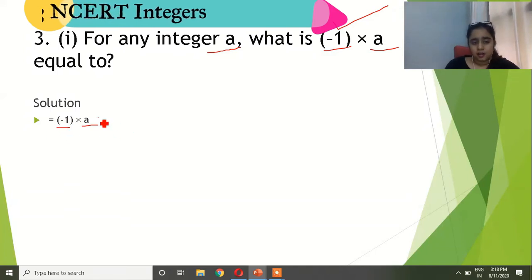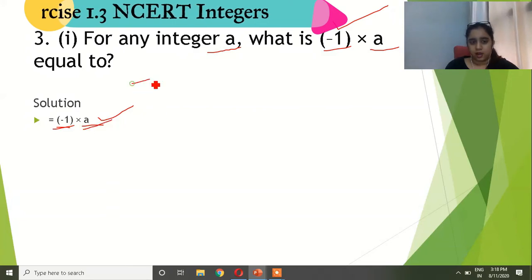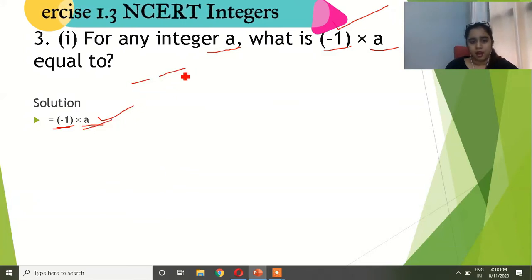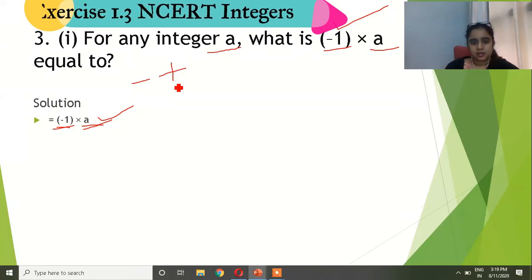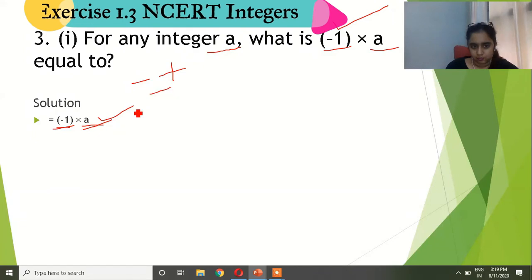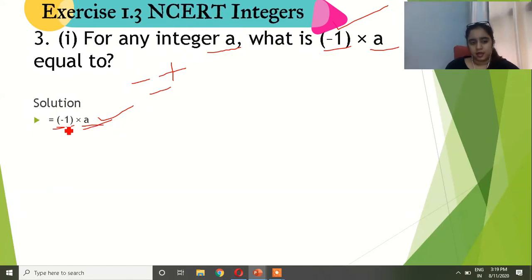In this question the first number is negative, that is -1, and the other number is positive. If one number is negative and the other number is positive, then the sign of the answer is negative. So it's very simple, we will multiply a by 1, and you know that if any number is multiplied by 1, we get the same number.